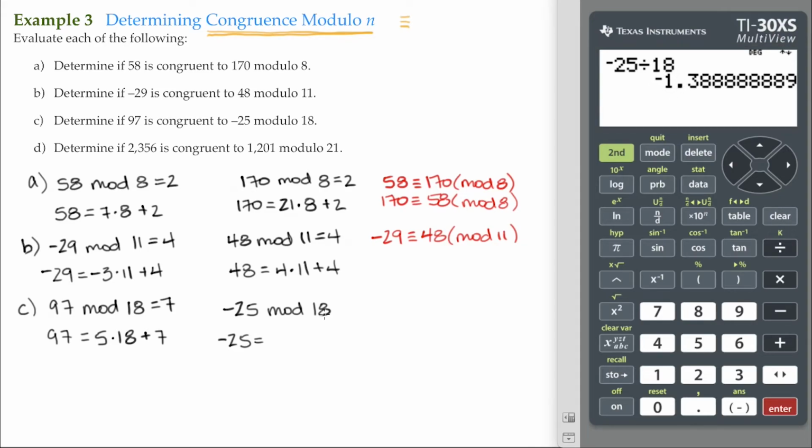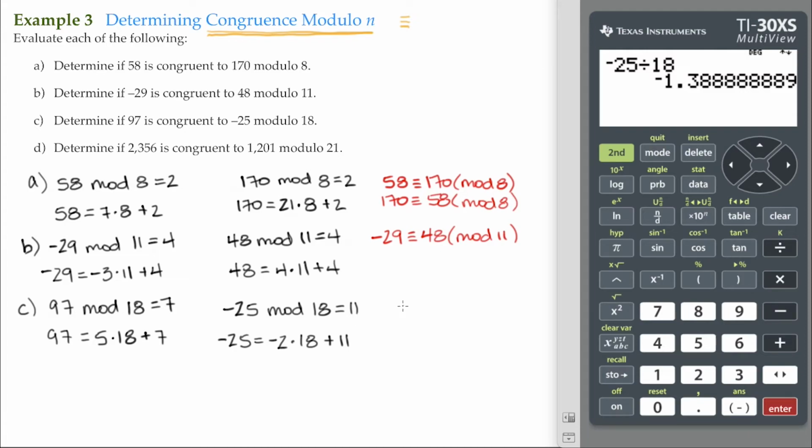Sometimes students think that 18 will go into negative 25 one time, but don't forget we have to do that rounding. So this is going to be negative 2 times 18, and negative 2 times 18 is negative 36, so then we would have to add 11. So negative 25 mod 18 is 11.